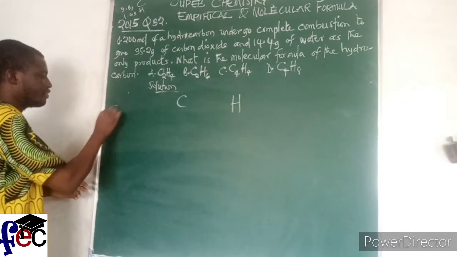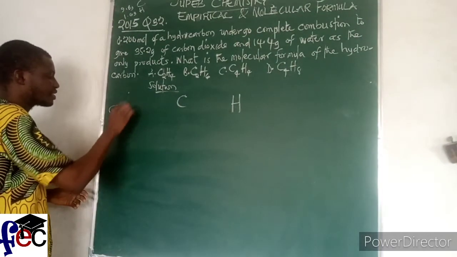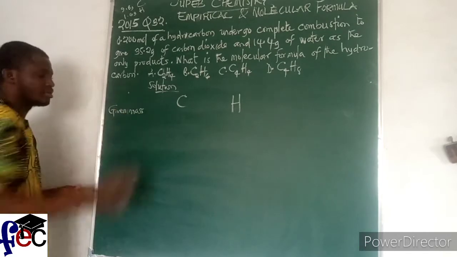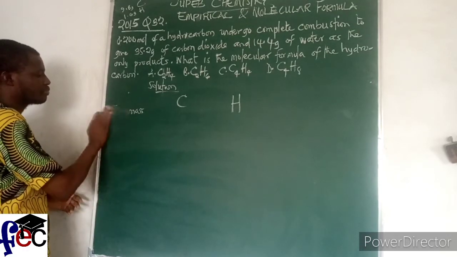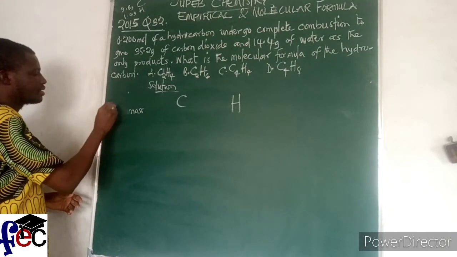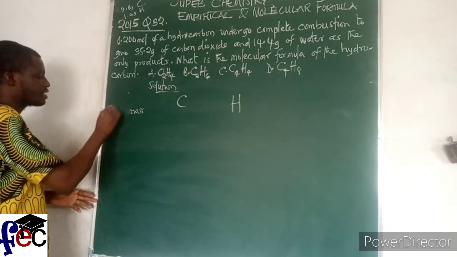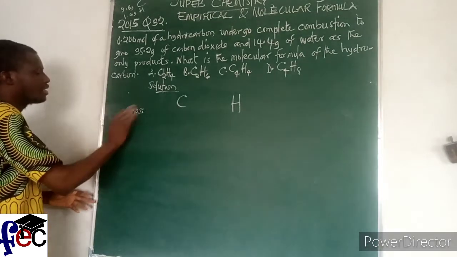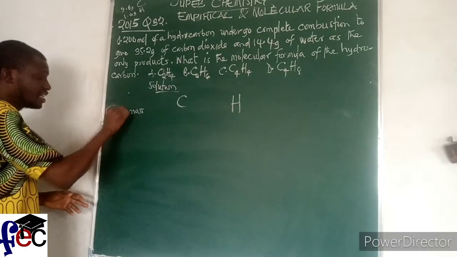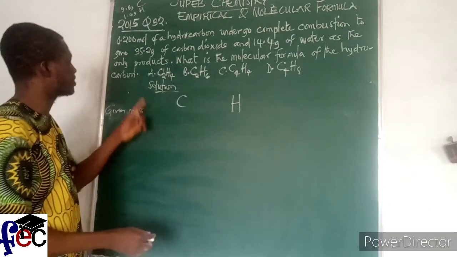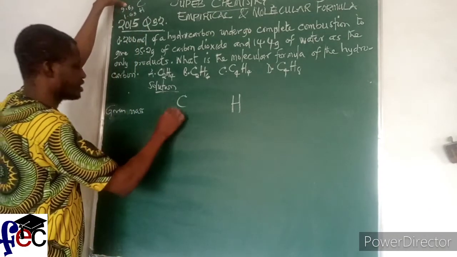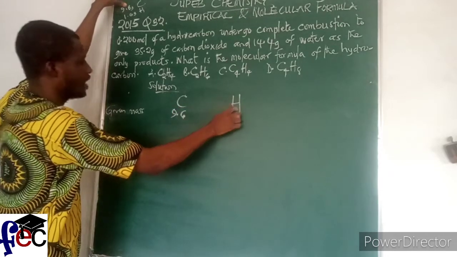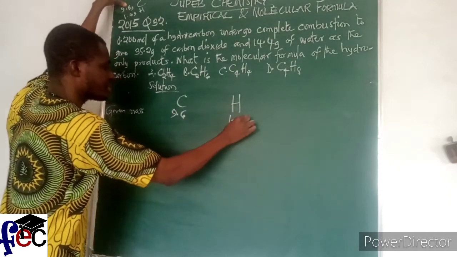All right, given masses, or let's call it calculated masses. Okay, don't worry, let's call it given masses. They didn't give us, but we calculated the given masses. For carbon it is 9.6, for hydrogen it is 1.6 gram.